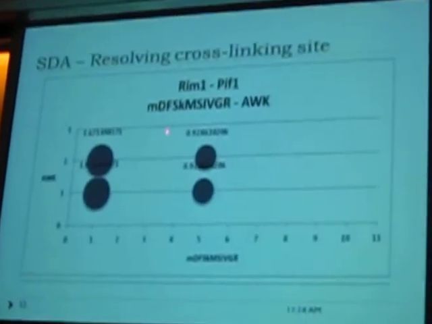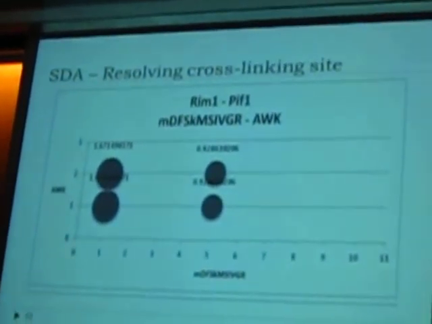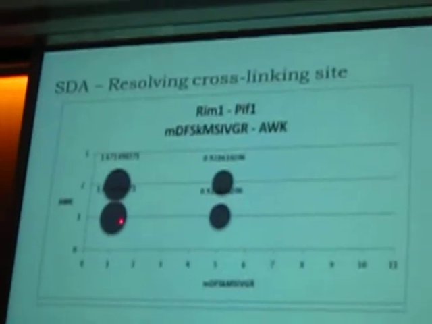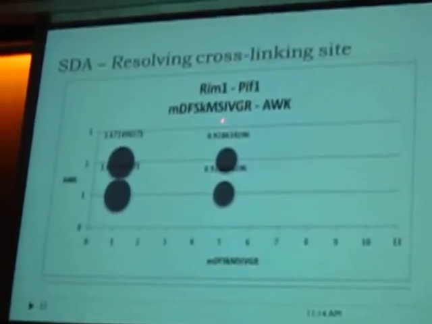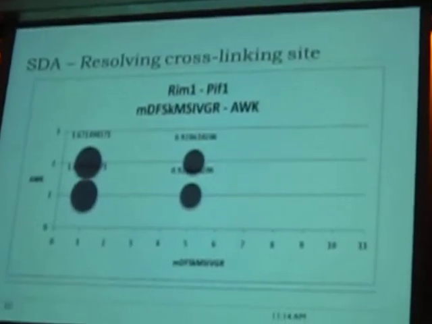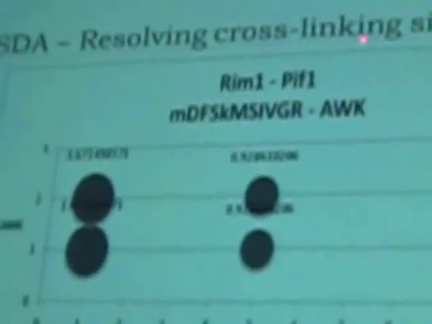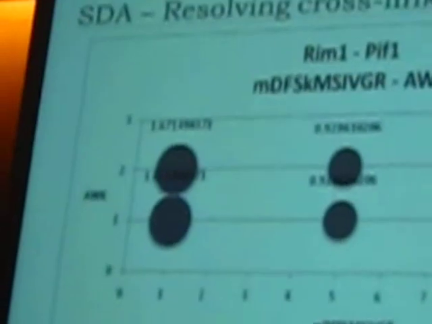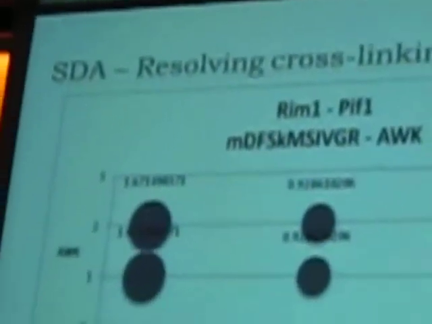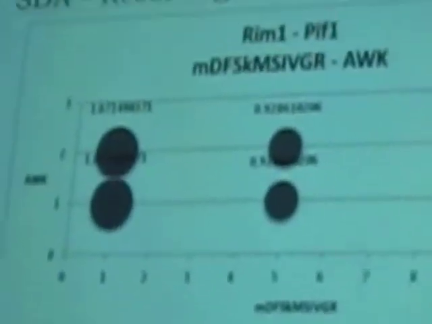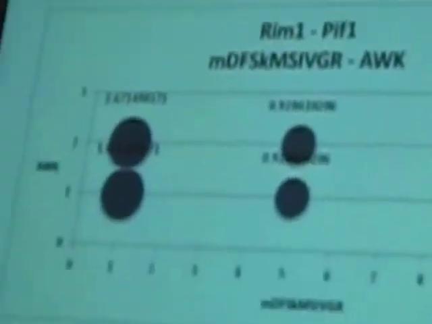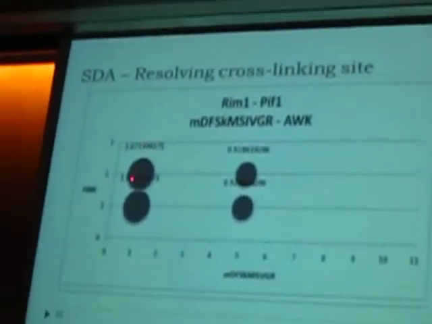And again, if you see resolving the site of cross-linking, here it's a cross-link between Rim1 and PIF1. Rim1 SDA was specific, connecting to lysine and N-terminal. And for the PIF1 side, it can connect to any of them. I'm just showing 2 of them. It predicted actually 18 cross-link species. I'm just showing 2 of them as an example. You can see the difference.